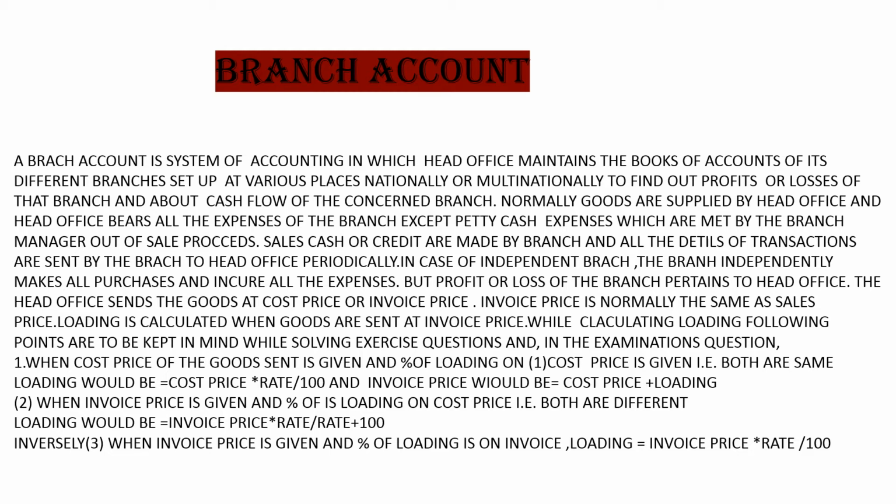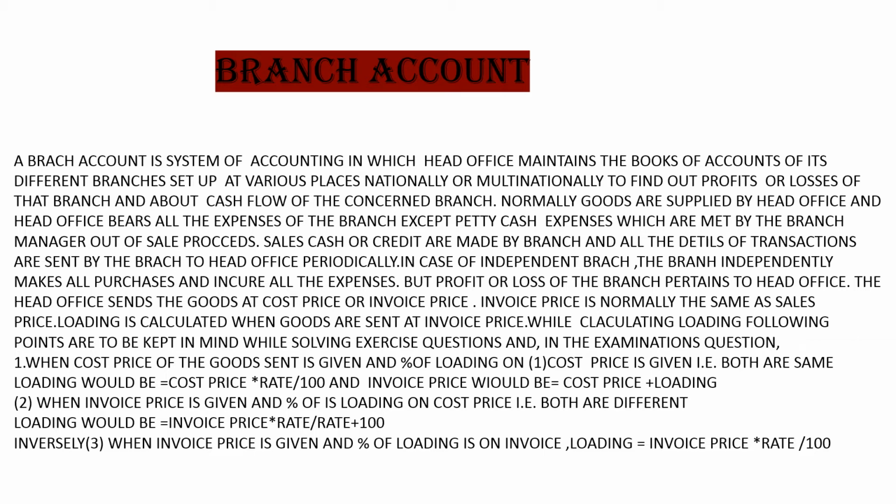In case of an independent branch, the branch independently makes all purchases and incurs all the expenses. But profit or loss of the branch pertains to the head office. The head office sends the goods at cost price or invoice price.